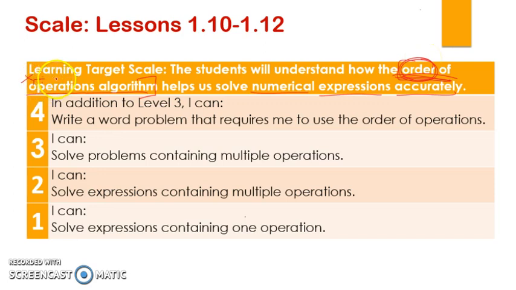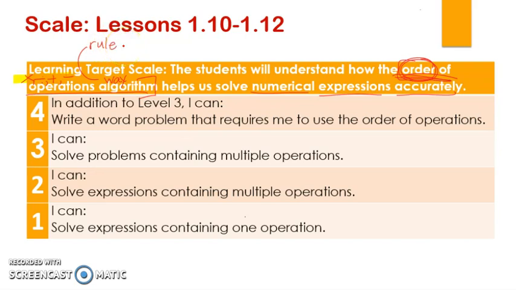There's a certain way that we have to solve expressions, and we have to do the operations, or as you can see here, multiplication, division, addition, and subtraction. We have to solve them in a particular order. And when we say algorithm, it simply means a way, and it can also mean a rule.